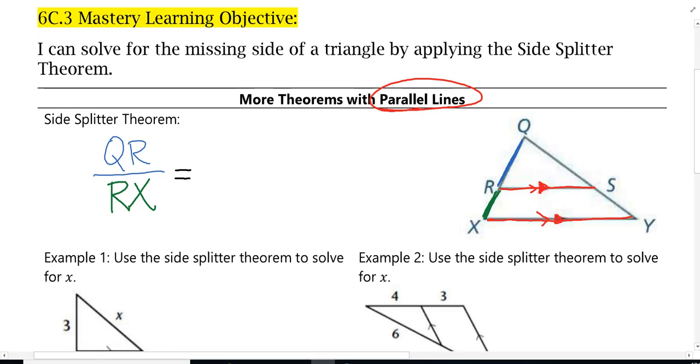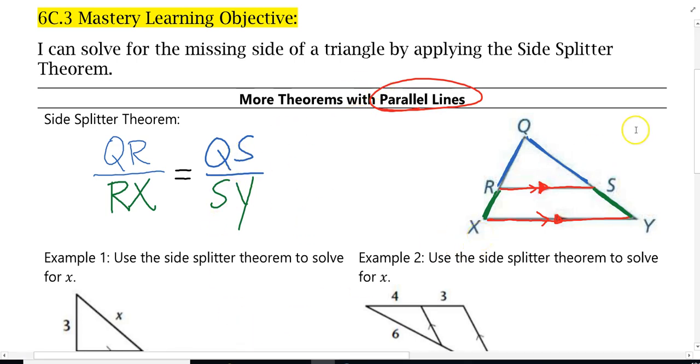So again, it's going to be blue side QS, and that has to be over the same segment of the green, which would be SY. Notice it's basically like that top half over the bottom is equivalent to that little top half over the bottom. So that's what we're going to be using when it comes to setting up this thing called the side splitter theorem.